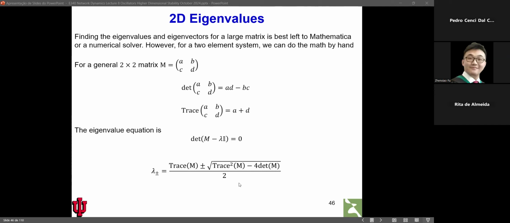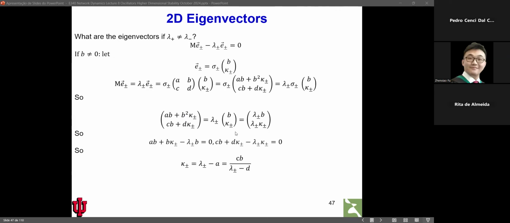You can make the calculations and see that this is really a shortcut. It's very easy to calculate both determinants and traces, and then to put the numbers in is easy and fast.